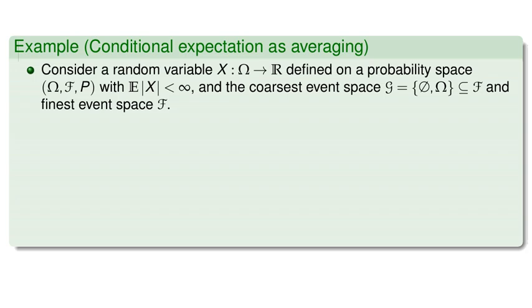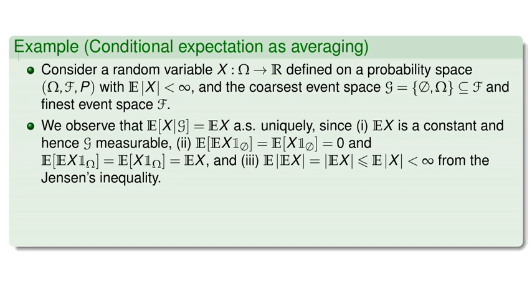Let's consider two extreme examples to understand conditional expectation as a form of averaging. Consider a random variable X on (Omega, script F, P), with finite expectation of absolute X. Let's take the coarsest possible event space, script G equals just the empty set and the whole space Omega, which is a subset of script F. And let's also consider the finest event space, which is script F itself.